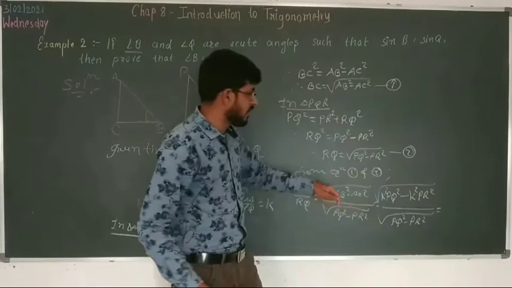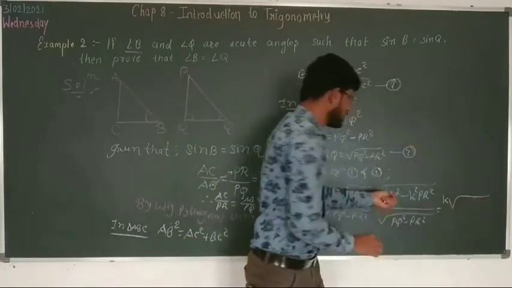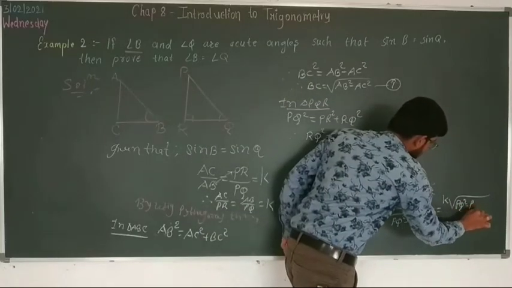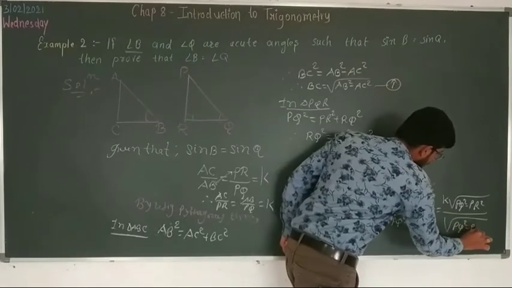Now simplify. So we get K under root, because under root K square will be K, PQ square minus PR square upon under root PQ square minus PR square as it is.